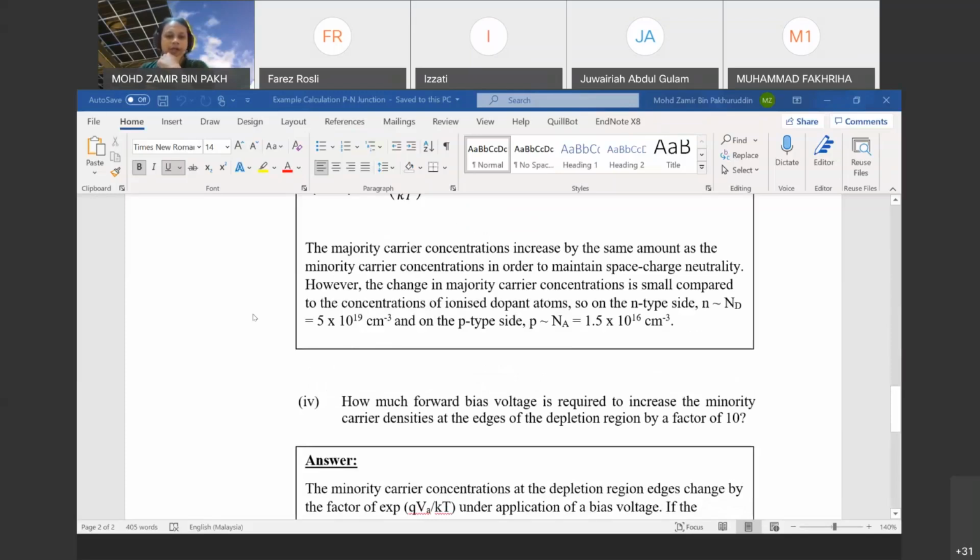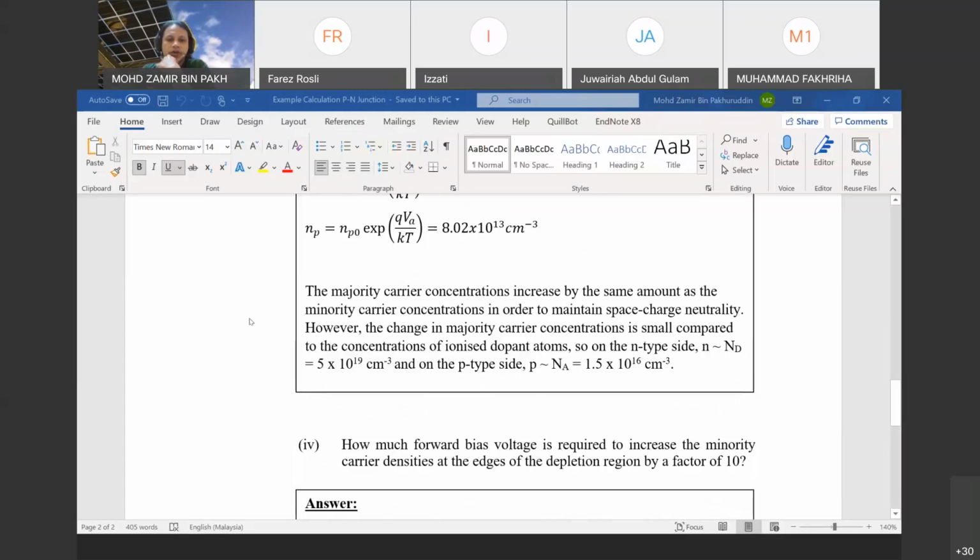Next, how much forward bias voltage is required to increase the minority carrier densities at the edge of the depletion region by a factor of 10? What did you get for this?